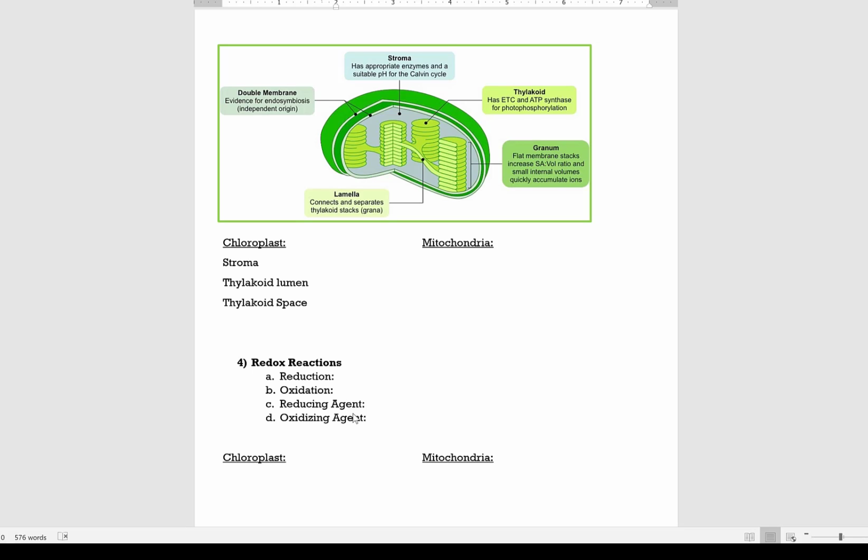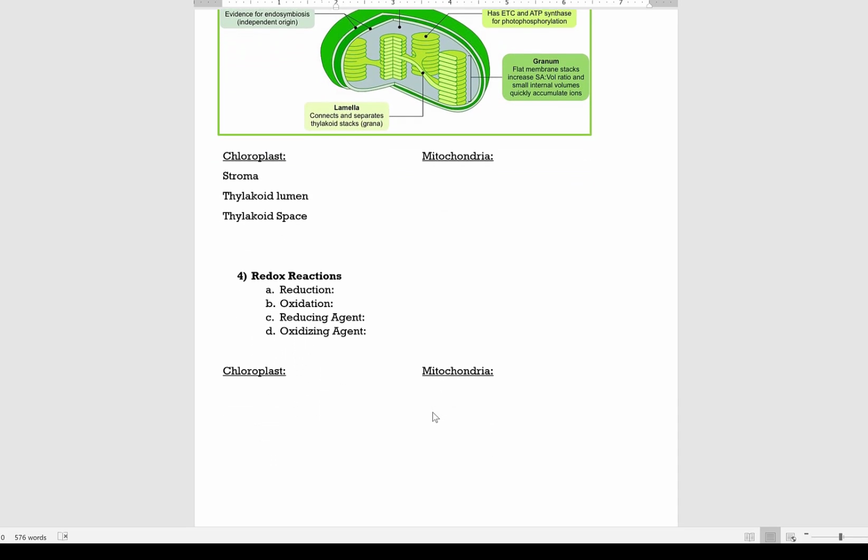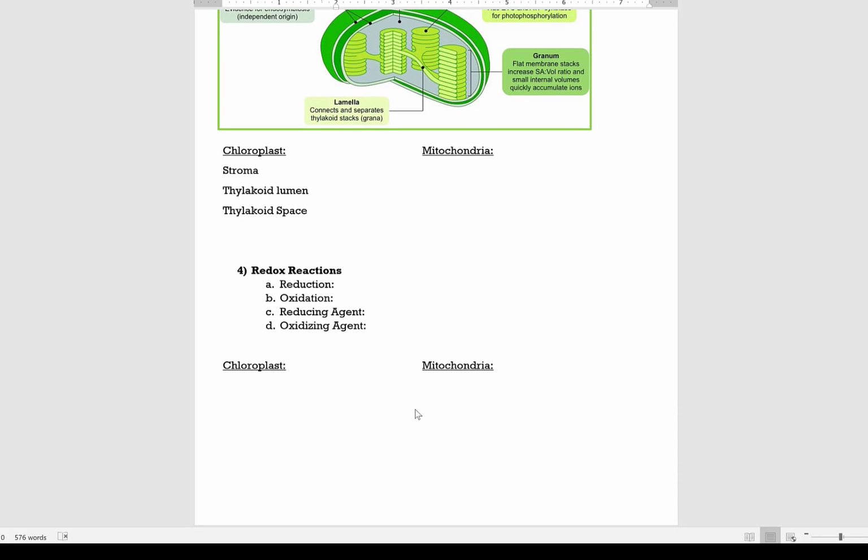So the oxidizing agent, by just doing its job, it will be reduced, and the second molecule will be oxidized.